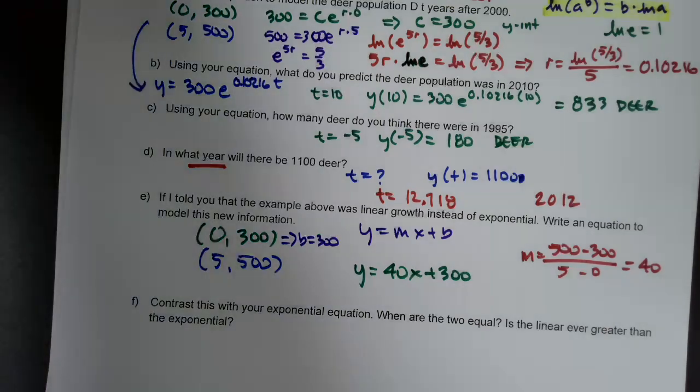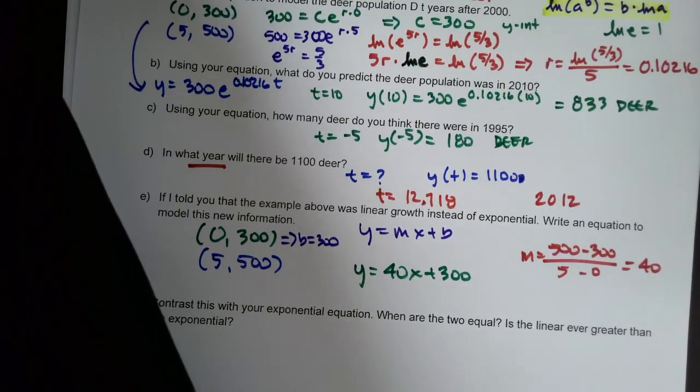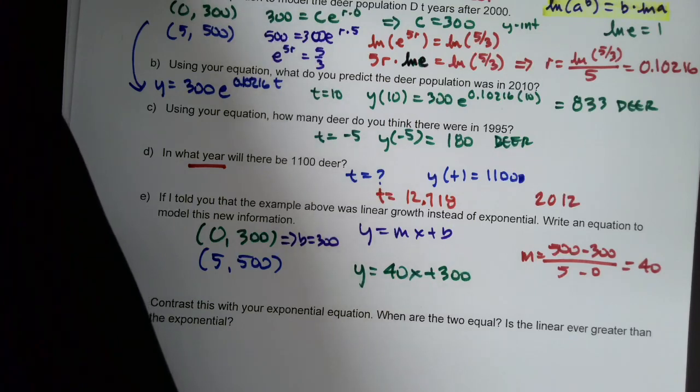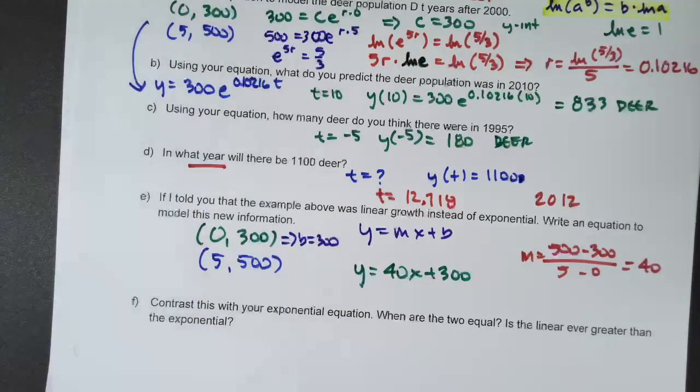And it says, let's take a look at these. So let's just go back here to our y equals and get rid of that 1,100. And let's just type in this equation, 40x plus 300. And just take a look at them. Go to look at our graph. And boom.